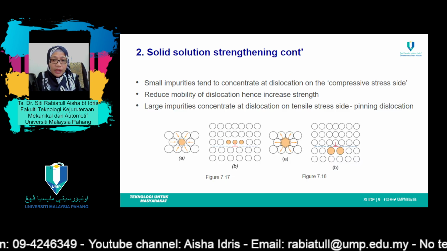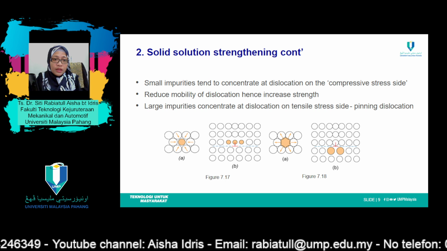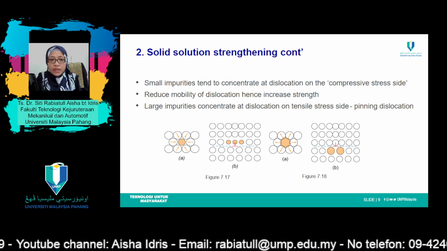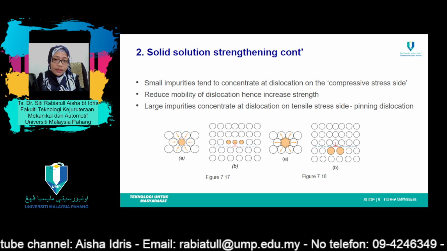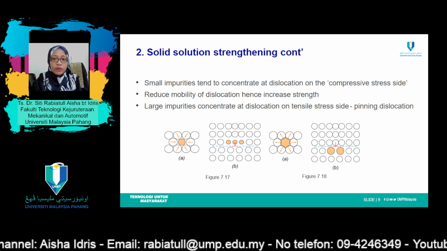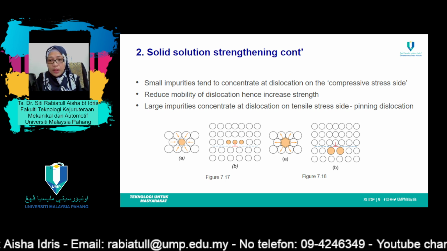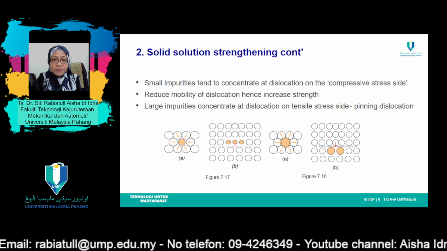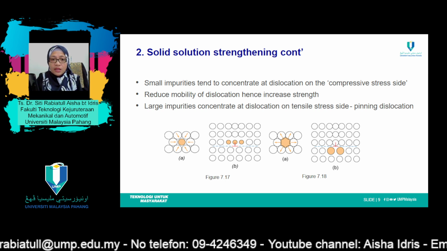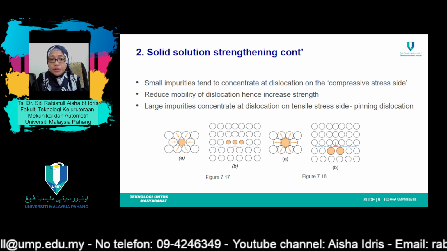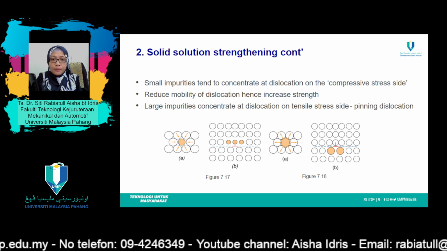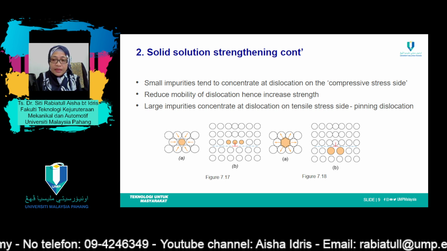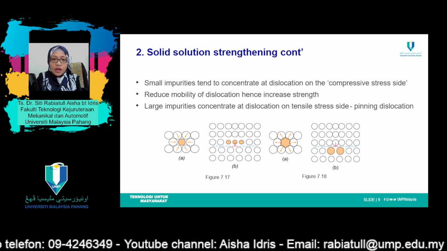For example, an impurity atom that is smaller than a host atom for which it substitutes exerts tensile stress on the surrounding crystal lattice, as illustrated in figure 7.17a. Conversely, a larger substitutional atom imposes compressive strains in its vicinity, as shown in figure 7.18a.